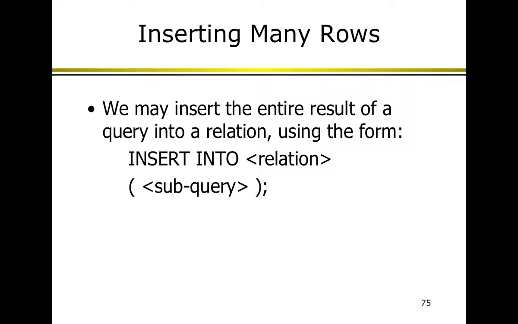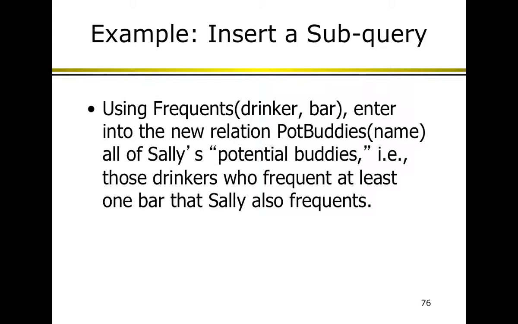Let's see. You can also insert a query. So you may insert an entire result of a query into a relation. So insert into a relation is a subquery. So this says potential buddies, not pot buddies. So these drinkers at the bars are not smoking pot. We're interested now in potential buddies.